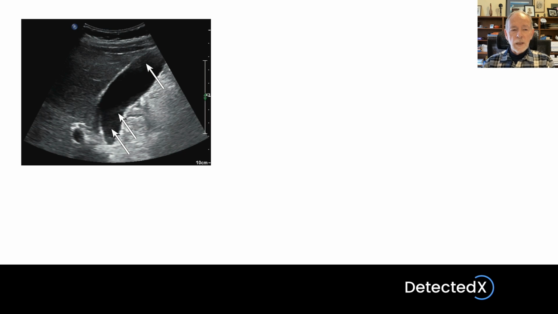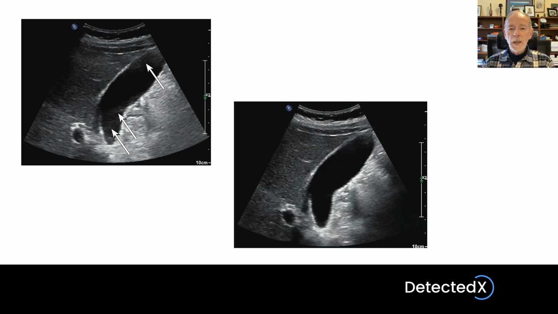So on the left here, I have an image of a gallbladder, and the arrows are highlighting some artifact echoes likely to be caused by slice thickness within the gallbladder. Here in the center, I have a harmonic image of that same gallbladder. And what you can see is that most of the artifact echoes have now been eliminated.